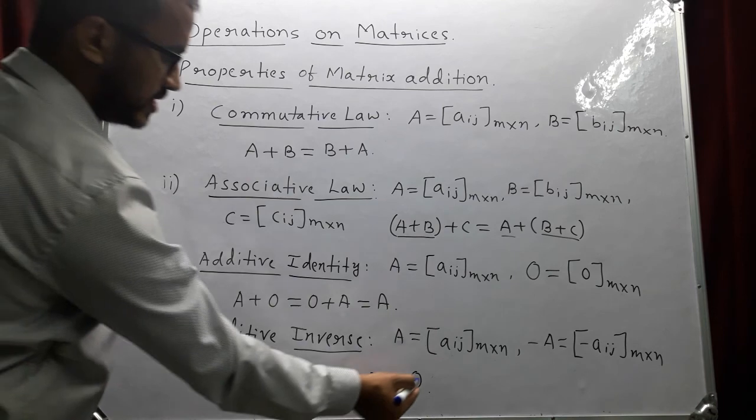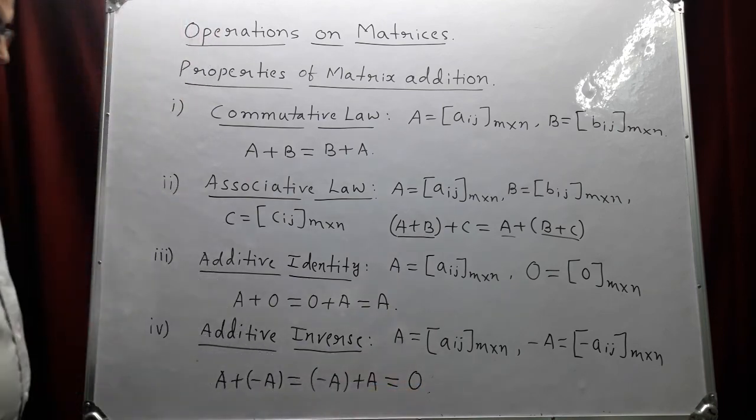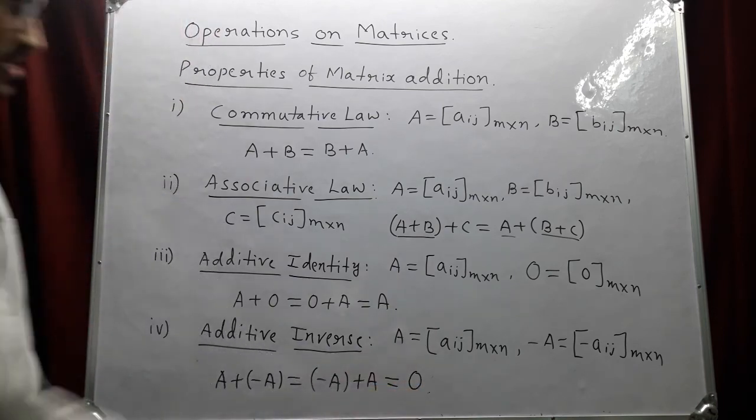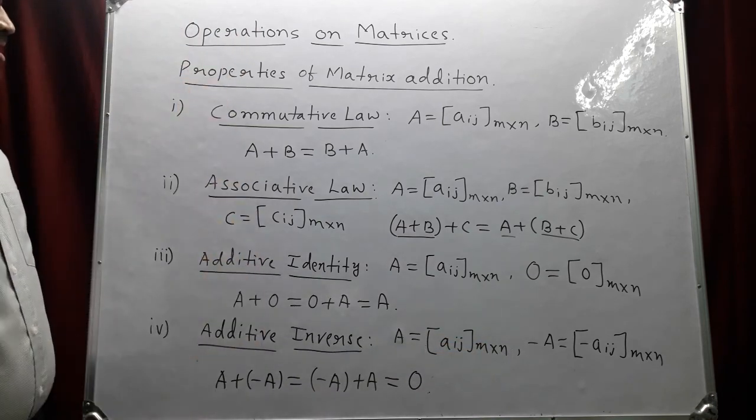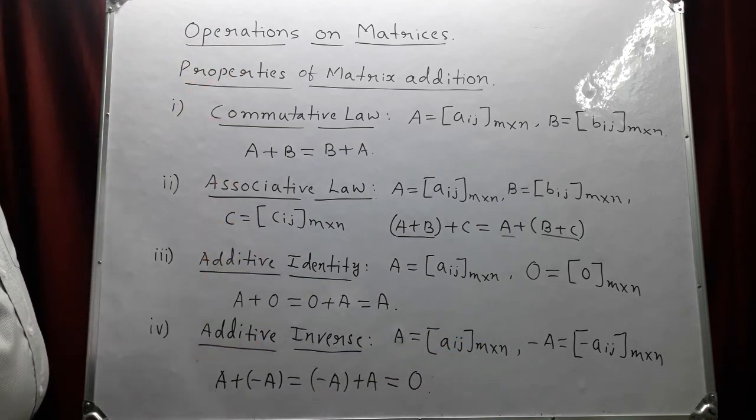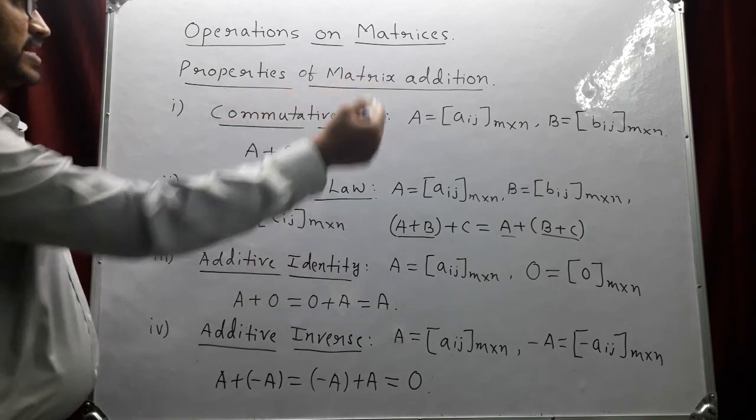Here 0 means the null matrix of the same order, that is m by n. So these are the different laws under the matrix addition.